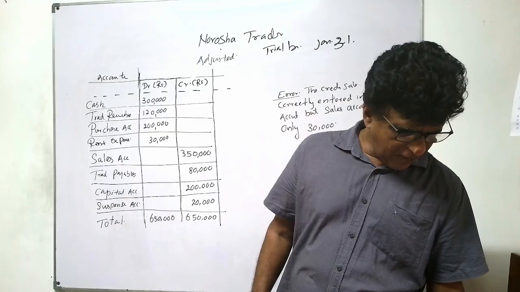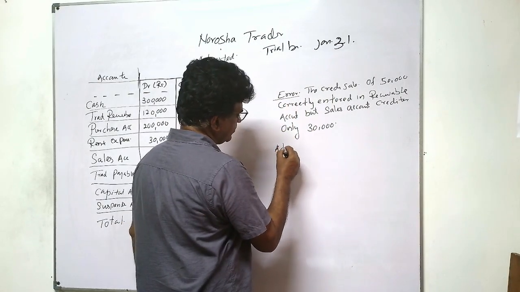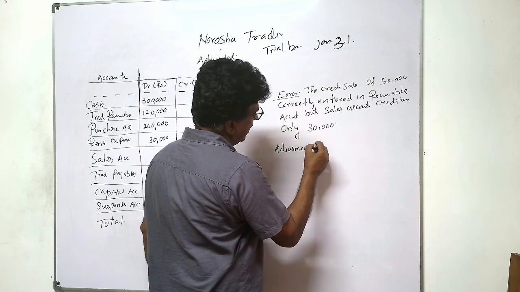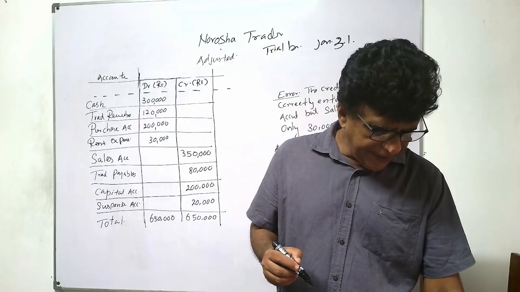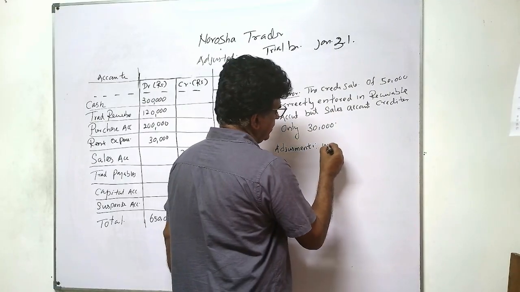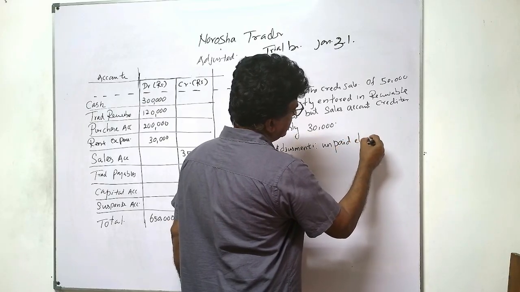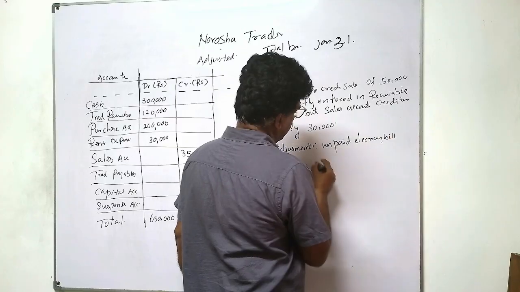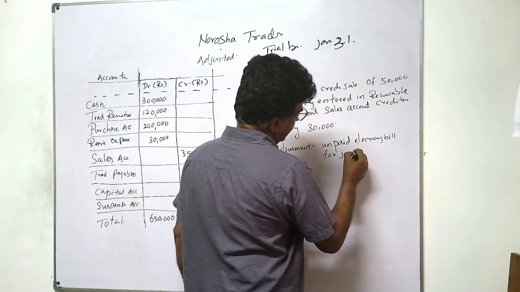Adjustment 1: unpaid electricity bill for January.